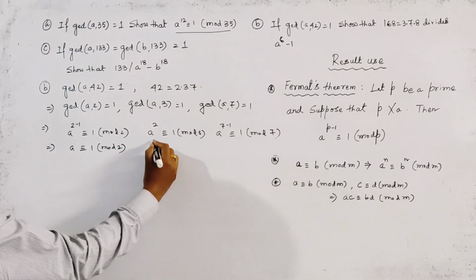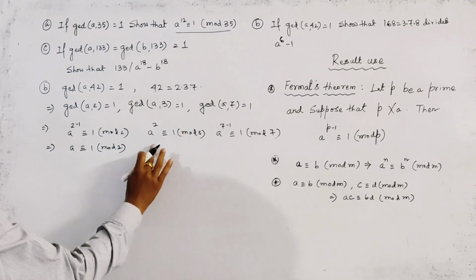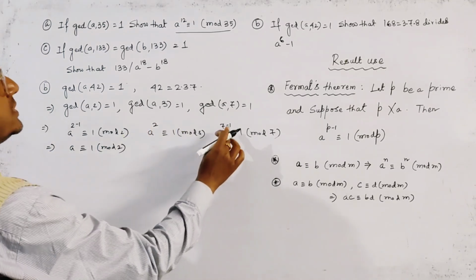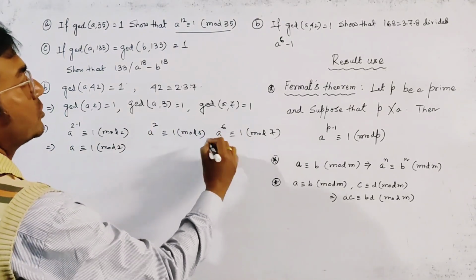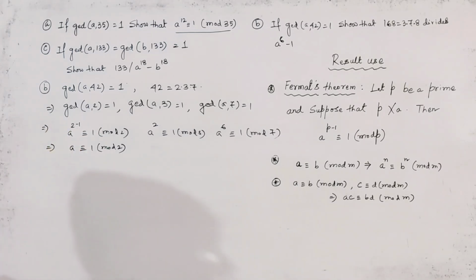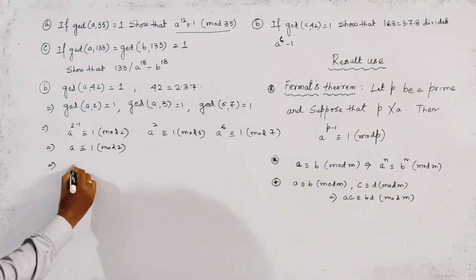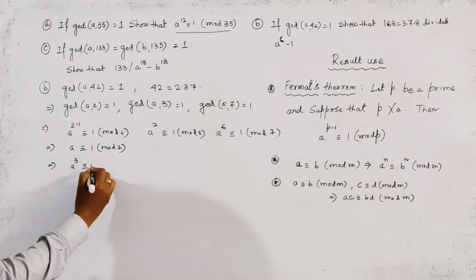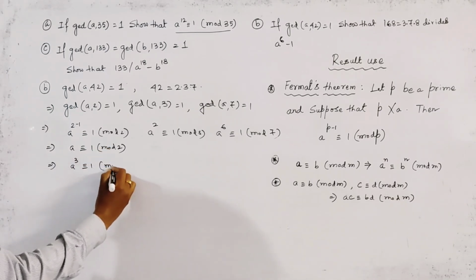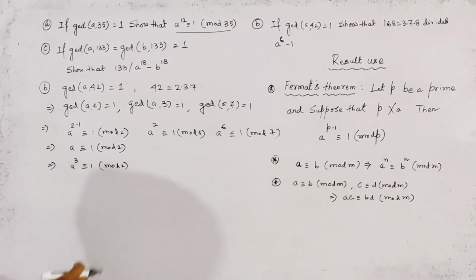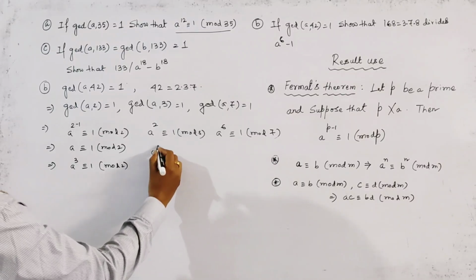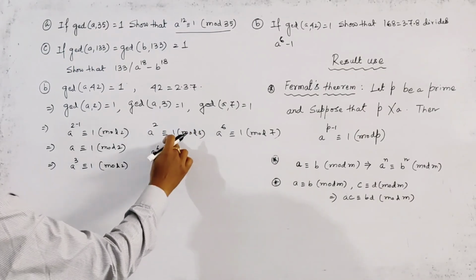The second is A squared congruent to 1 mod 3, and the third is A to the power 6 congruent to 1 mod 7. From the first result, A cubed is congruent to 1 cubed, which is 1, also mod 2. And from here we get A to the power 6 congruent to 1 to the power 3.